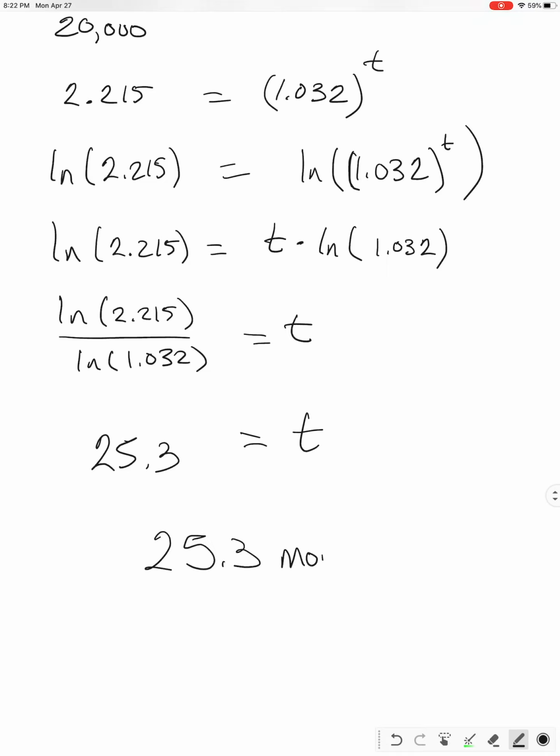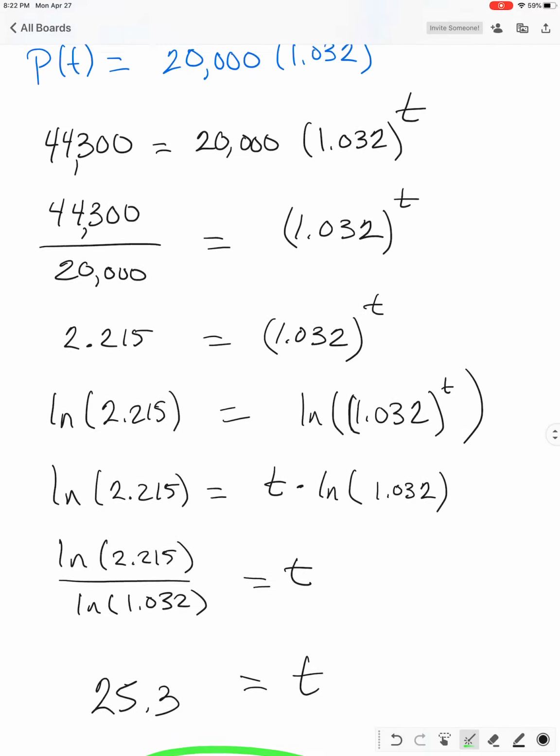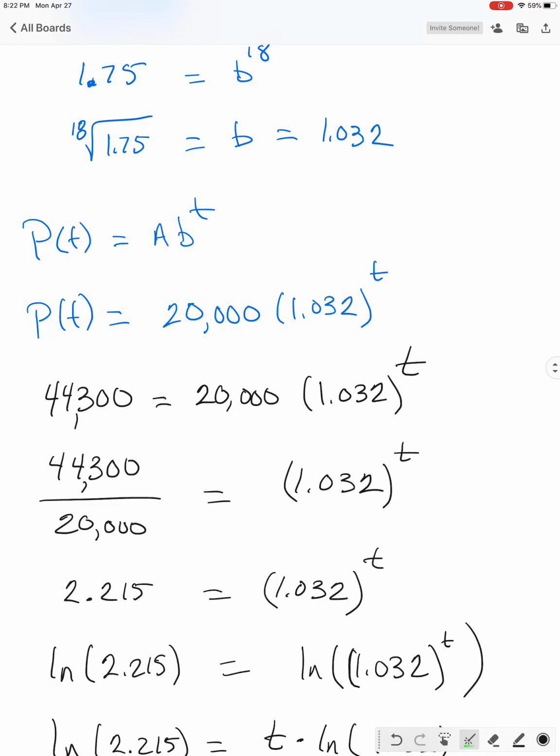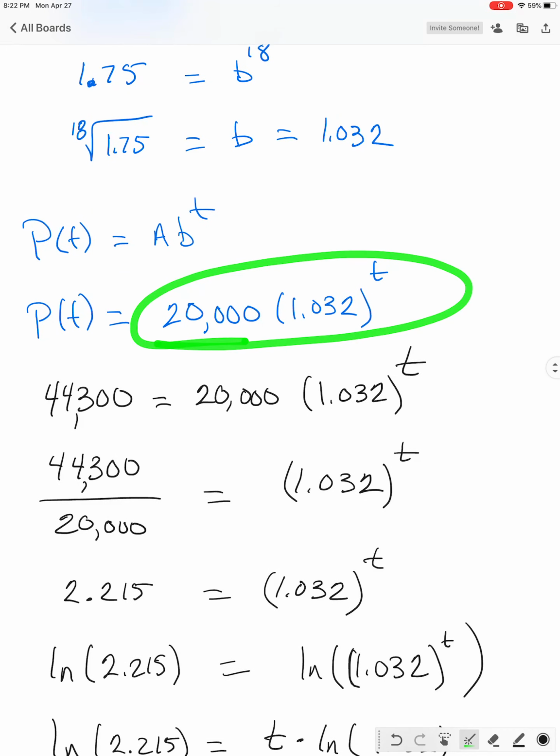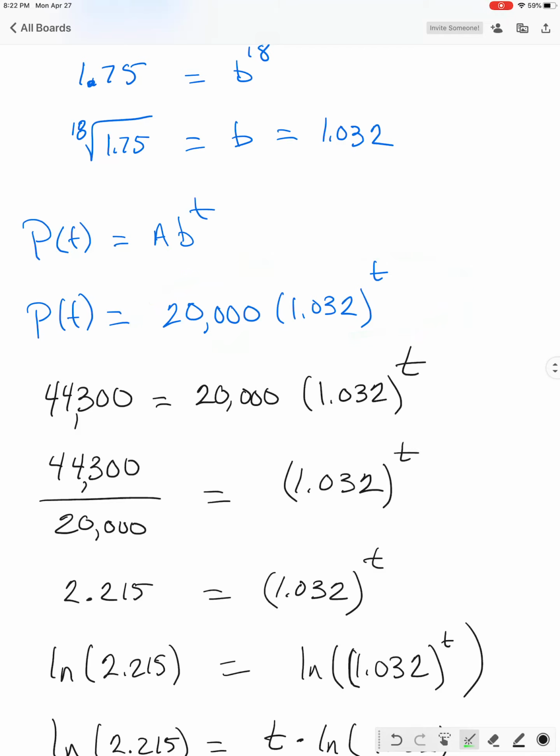So 25.3 months. I can check this answer by plugging it in to see if I've solved it right. I go back up to my equation and type in that number: 20,000 times the quantity 1.032 raised to the 25.3.